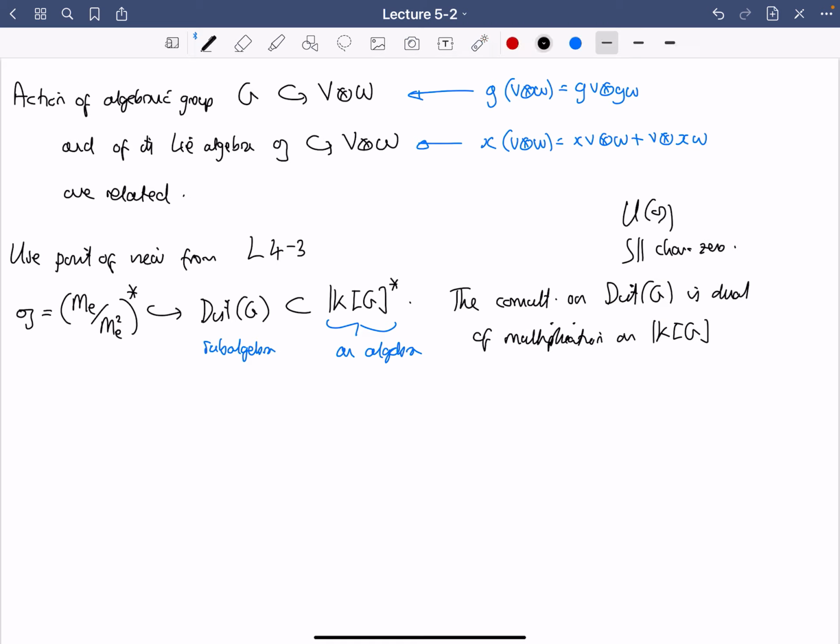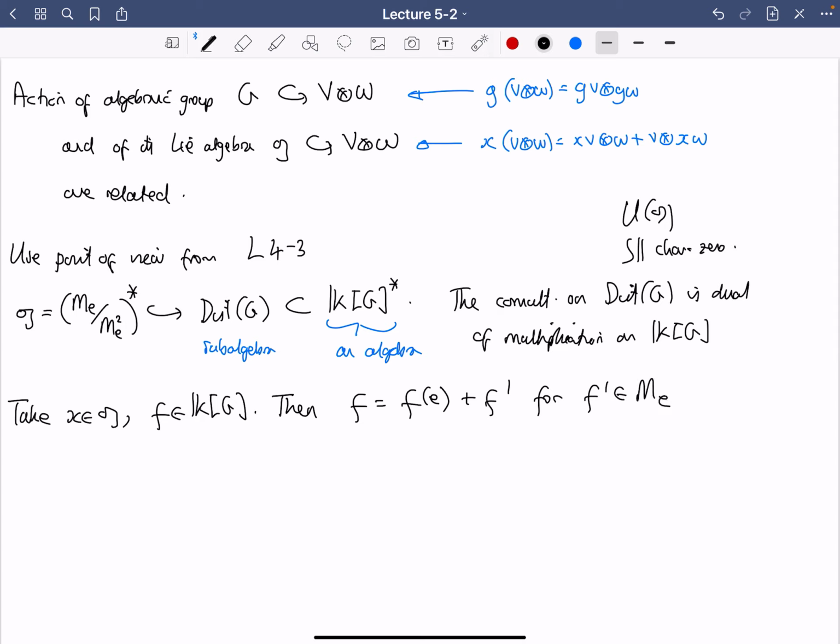Okay, so from this point of view, let's take some element x in the Lie algebra, and let's take a function f in the coordinate algebra. Then you can write f as f evaluated at the identity, that's just a scalar multiple of the 1 in the coordinate algebra, plus some other function f prime, which actually lies in that maximal ideal.